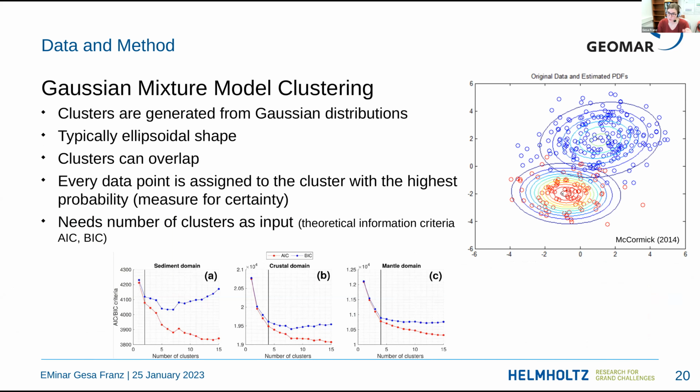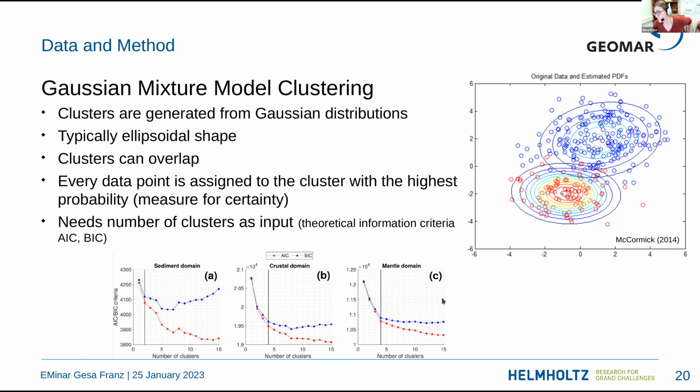And then we took these two parameter models and performed a Gaussian mixture model clustering, where the clusters are generated from Gaussian distributions. And then they typically have an ellipsoidal shape, as you can see here in an exemplary image.